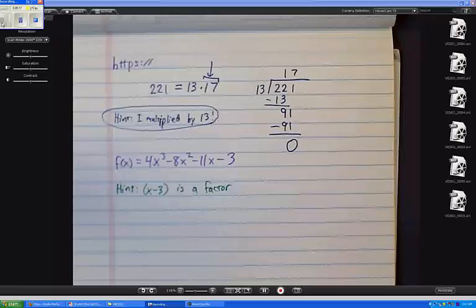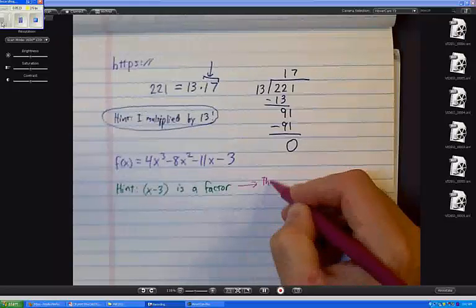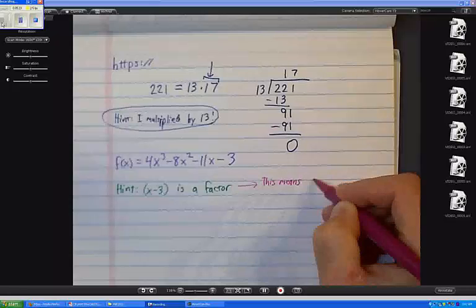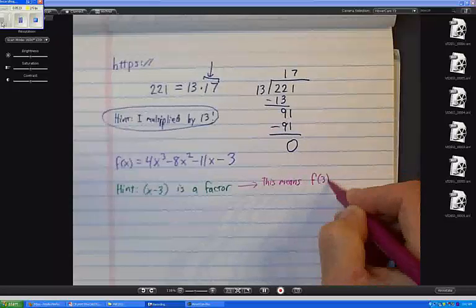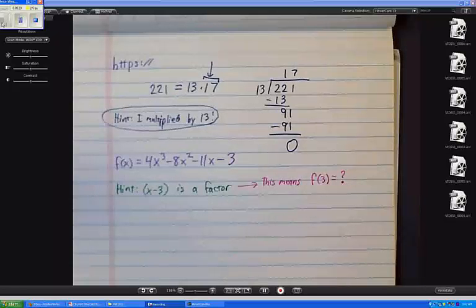By the way, here's a question I want you to think about. This means f of 3 equals what? Don't answer that out loud. Just think about that for a minute. Okay. But I'm going to use the hint in the meantime.